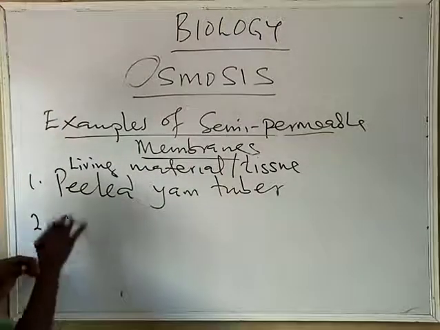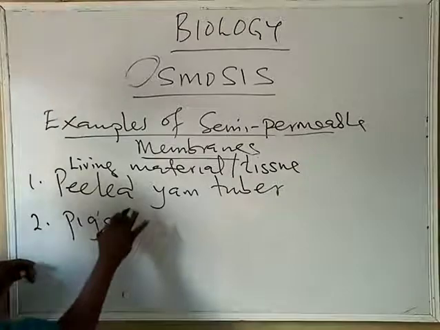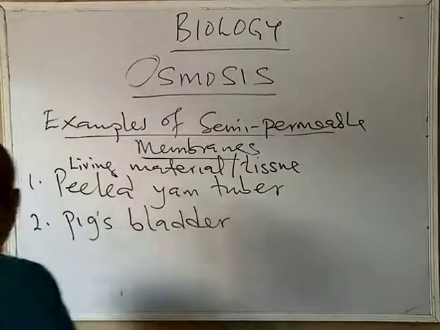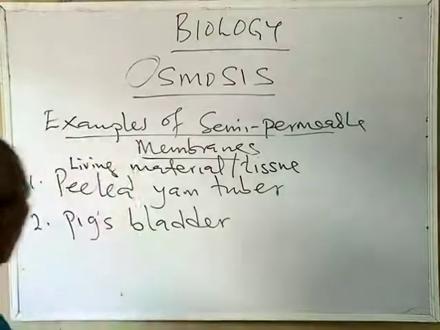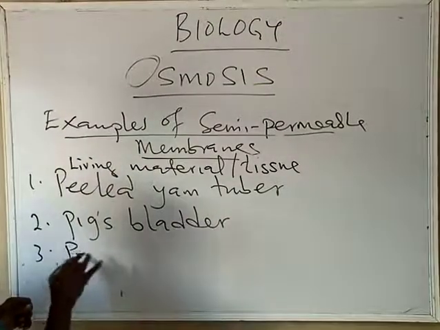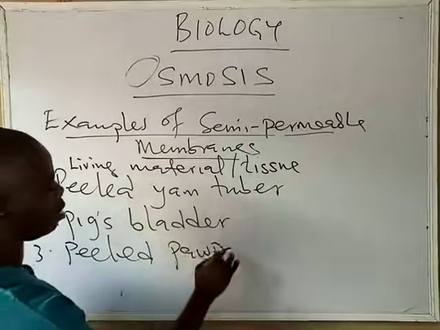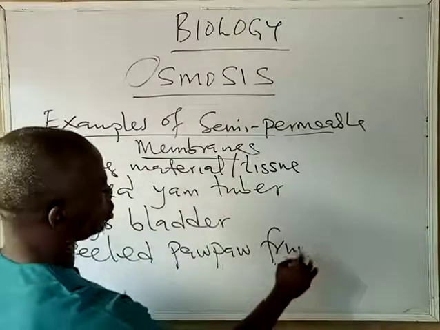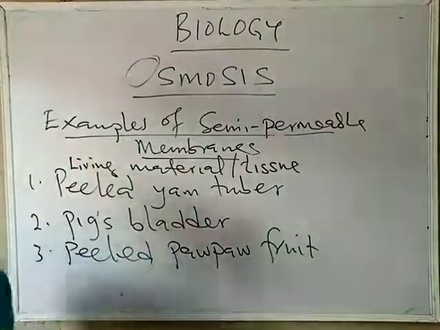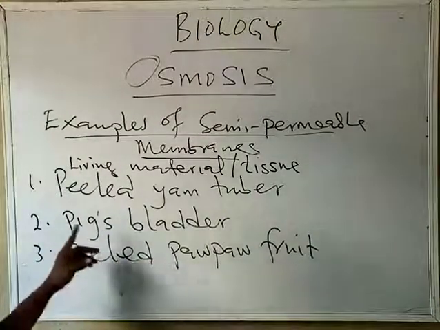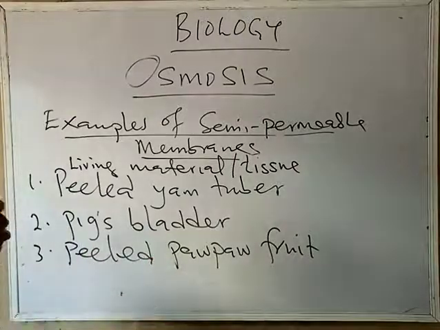Another one is a pig's bladder. Pig's bladder is a semi-permeable membrane. And the peeled pawpaw fruit is also an example of a semi-permeable membrane.